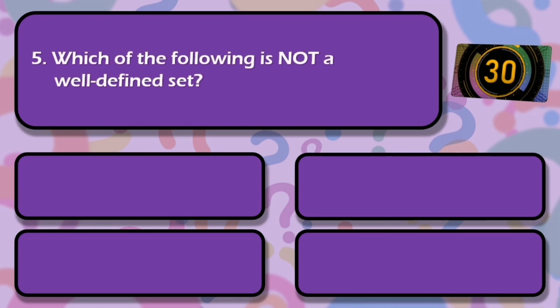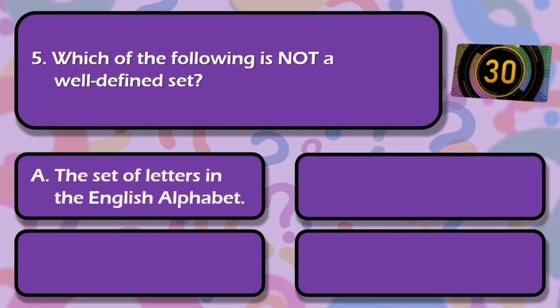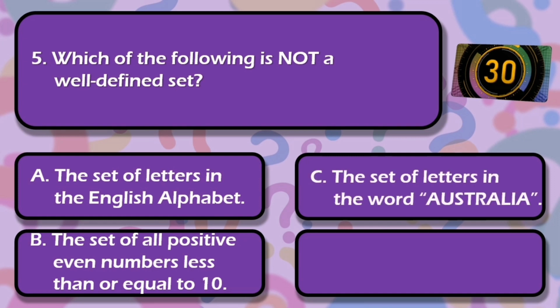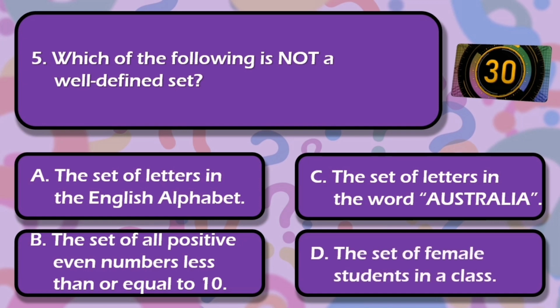Number 5. Which of the following is not a well-defined set? A. The set of letters in the English alphabet. B. The set of all positive even numbers less than or equal to 10. C. The set of letters in the word Australia. D. The set of female students in a class.